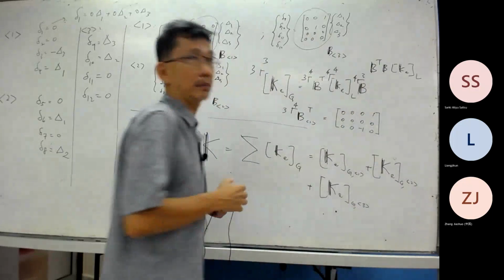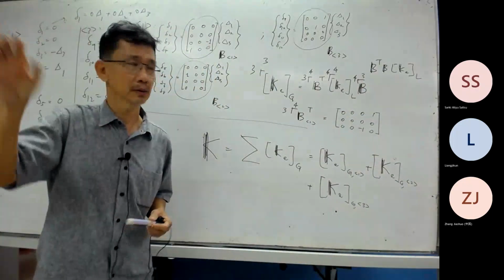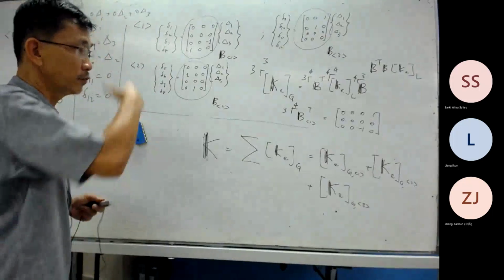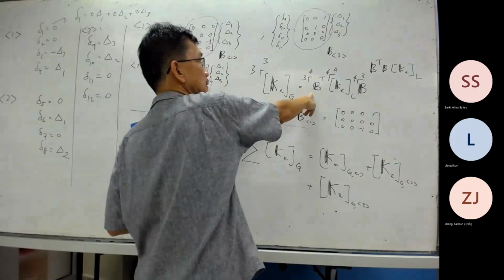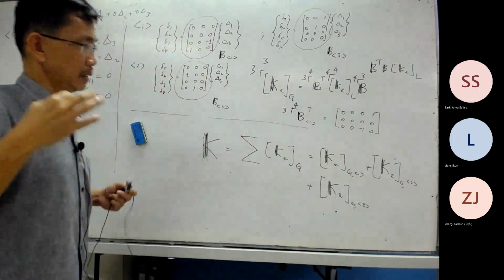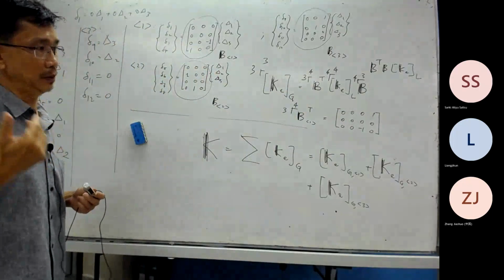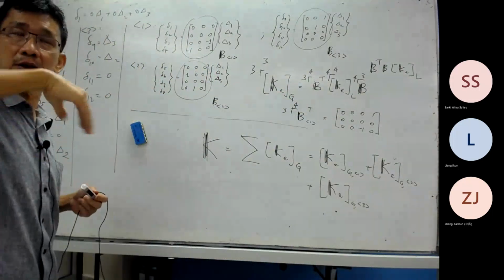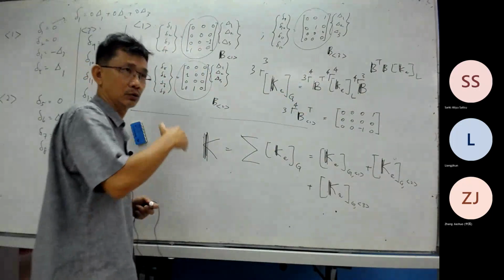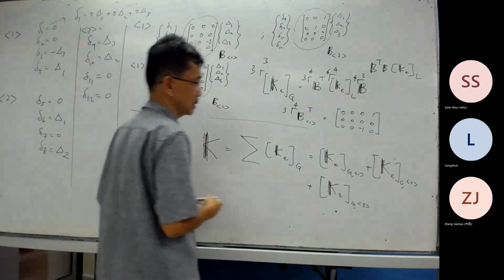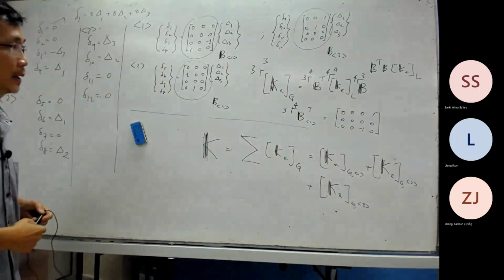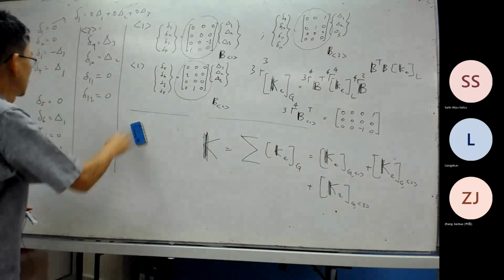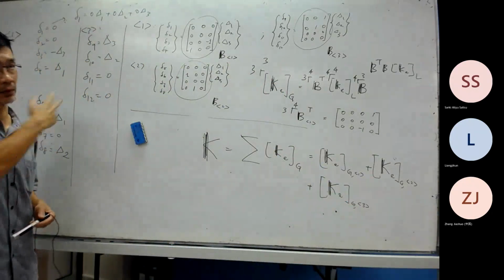So when you add the matrices that you form through this process one by one, you get 3 matrices for elements 1, 2, and 3 already transformed into the global coordinate system, and just add them up together. So this is the process.